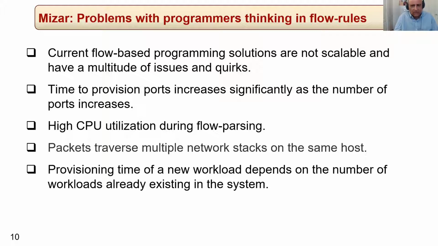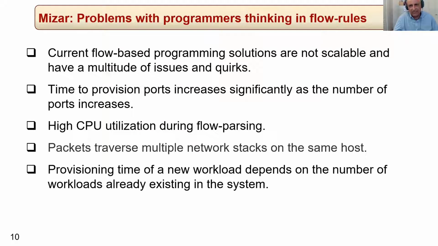So none of the current network virtualization solutions can scale up to this challenge. So we had to build the network virtualization from the ground up, and that's what Mizar is actually.